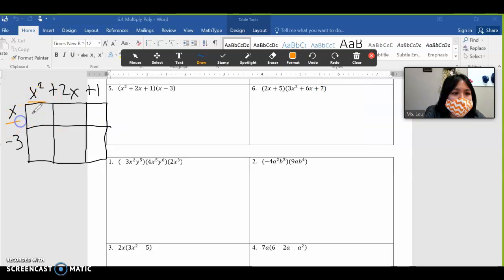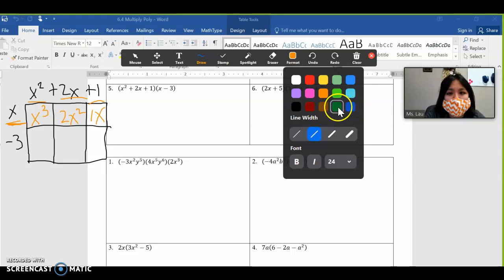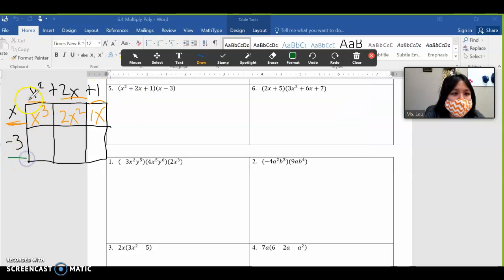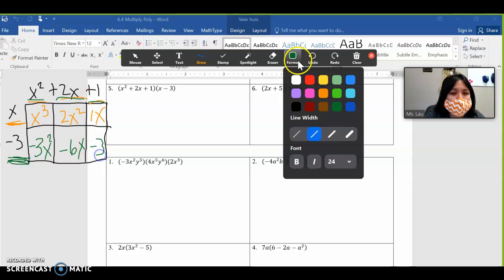X squared times x, x to the third, x times 2x, that's 2x squared, x times 1, is just 1x, or x. And we're going to do the same thing for the second row. Negative 3 times x squared, negative 3x squared, negative 3 times 2x, negative 6x, negative 3 times 1, negative 3.